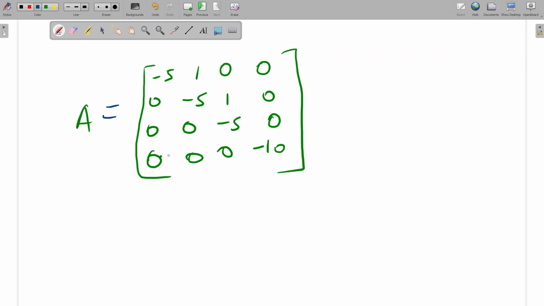Here we can draw a line, and in the case of a Jordan matrix, all these diagonal elements represent the poles of the system. These are the poles.